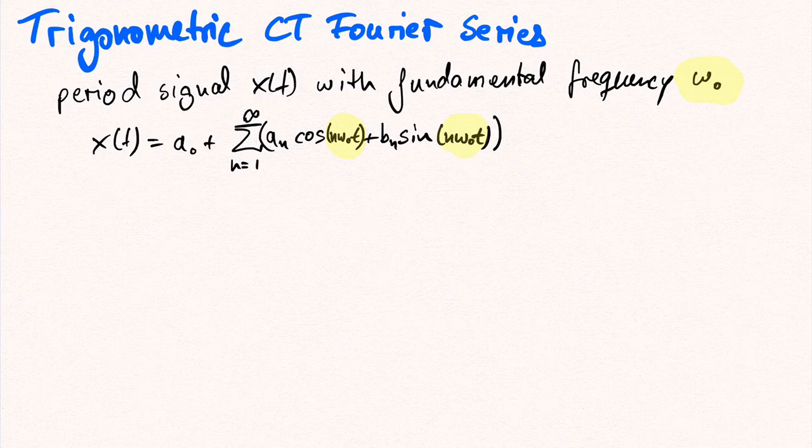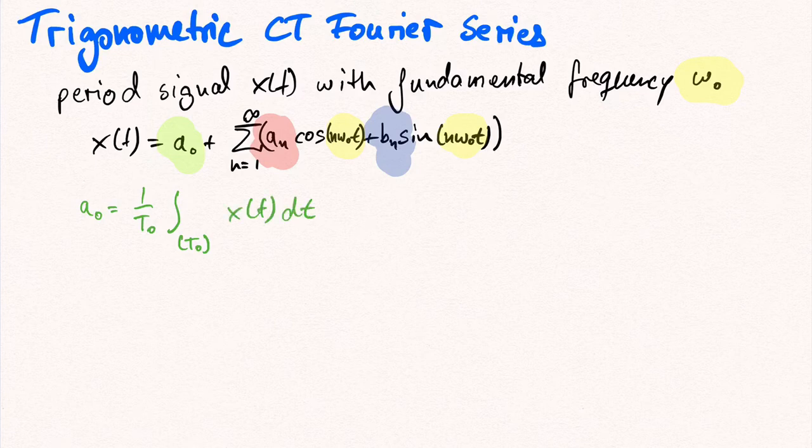When we calculate the trigonometric Fourier series, what we actually calculate is the offset a0, the coefficients an, and the coefficients bn. a0 is given by 1 over T0 times the integral over the length of T0 of x of t dt.